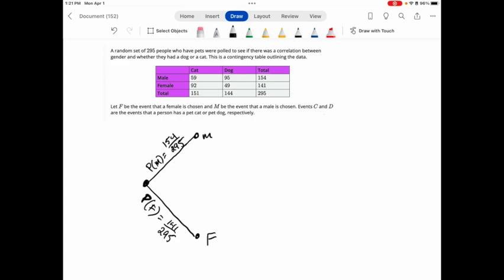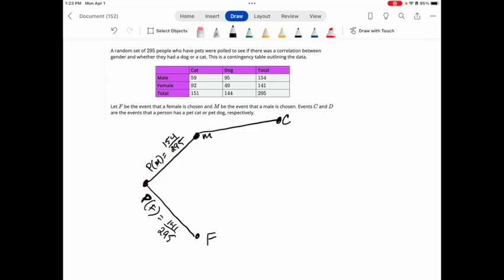Now I want to narrow it down to whether the first person picked has a cat or a dog. Because we have two options for male and two options for female, we're going to end up with 4 branches in total. So when I look at the possibility of someone that's male that has a cat, let's label this as C for cat. I'm coming down the track this way, so I'm making the assumption that I already picked a male first.